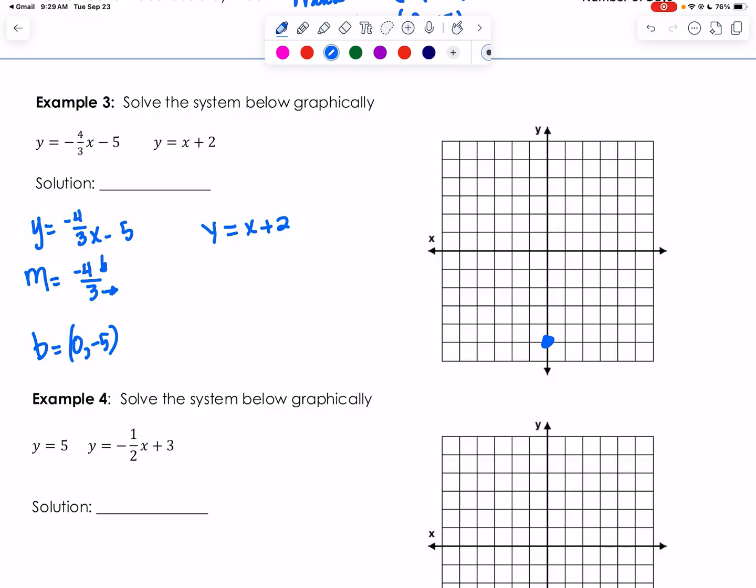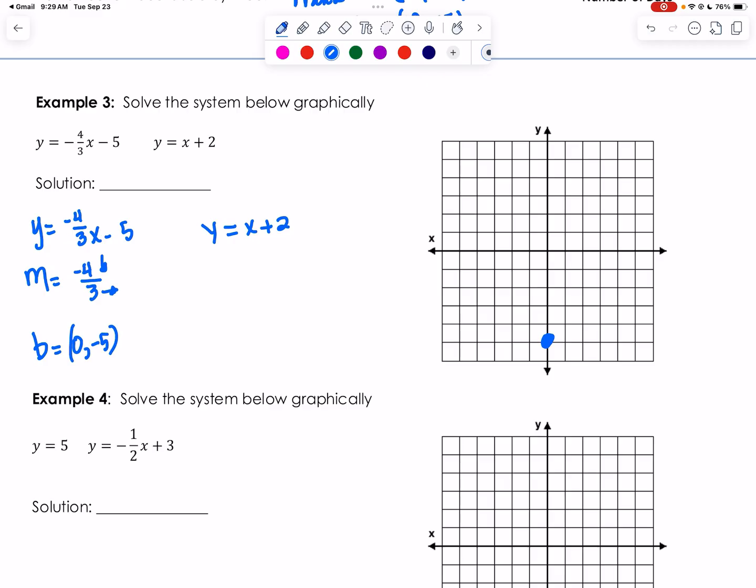Unfortunately, on this graph, I'm not going to be able to move down 4 and right 3, because it's going to be off the grid somewhere for this next point. So what I'm going to do is show you that if you go off the grid, you can go the opposite way. I want to put that point back on there, 0, -5.